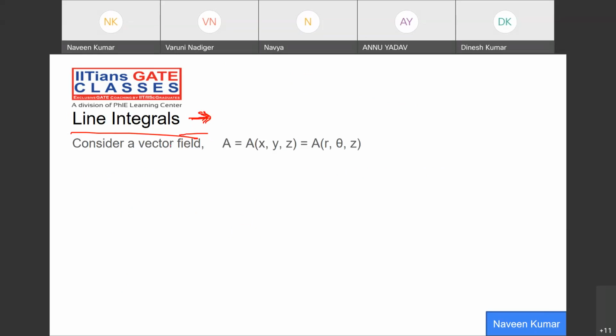Line integral is, we will just consider A in x y z, or r theta z, any vector quantity.